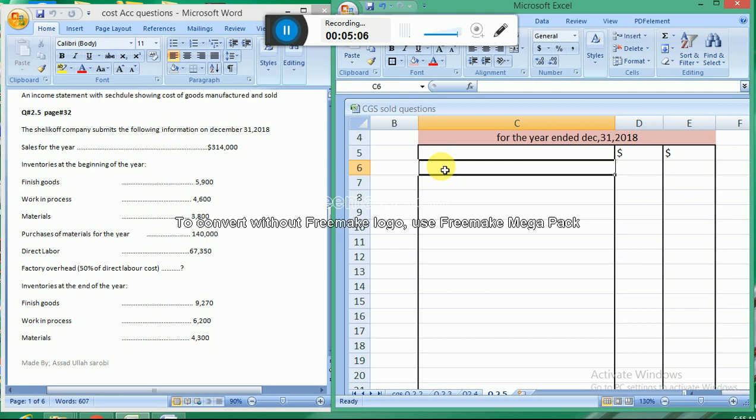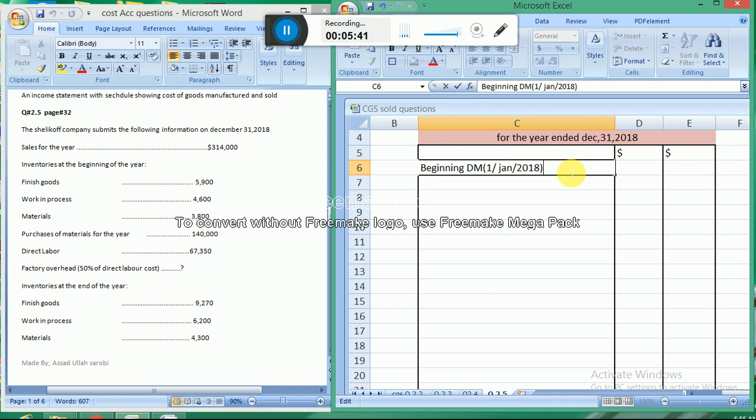So first, beginning inventory, direct material, on 1st of January 2018. This means the inventory which remained on 31st December 2017.